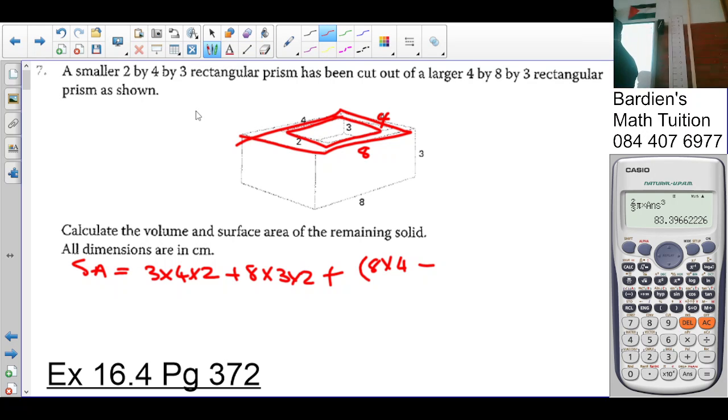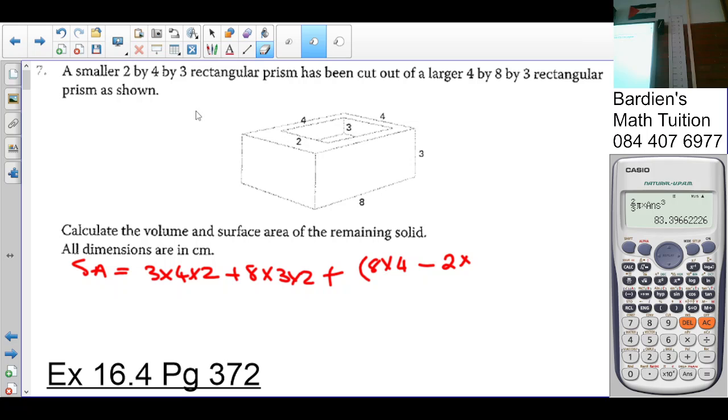And what does that measure? 2 times 4. Why is it 3? That is 2, and that is 4. That is 3. Your height is 3. Yeah, it's a bit confusing, the diagram, as well. So it's a 2 by 4.